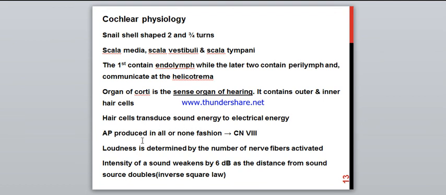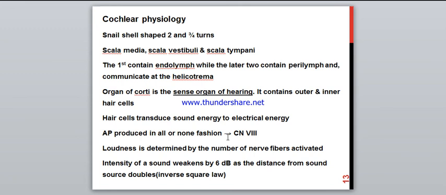As you know from neurology, the action potential is transported via cranial nerve 8, that is the cochlear nerve.